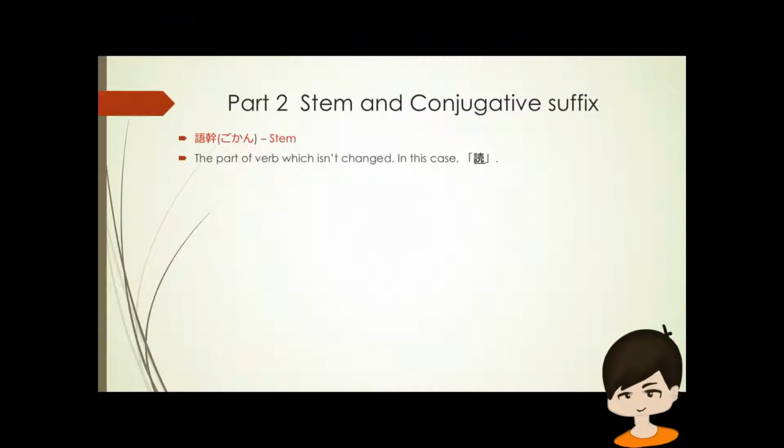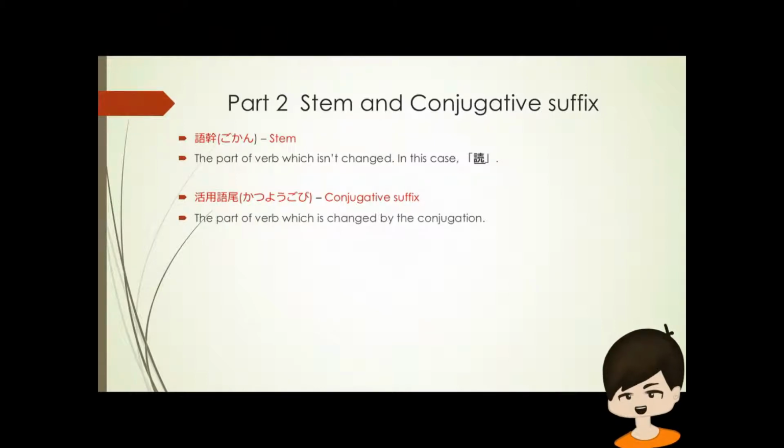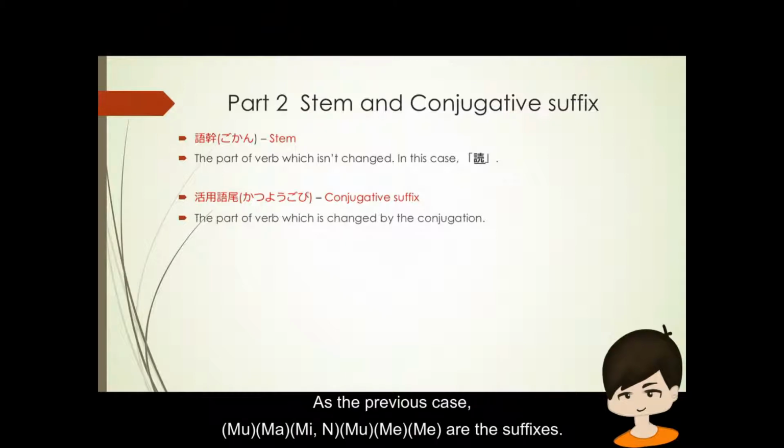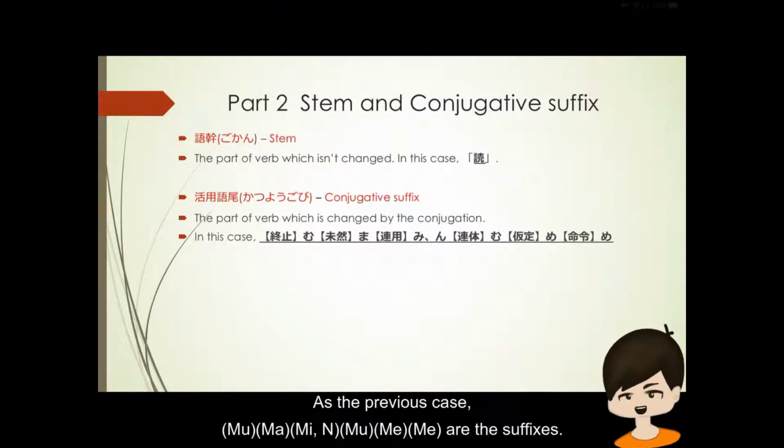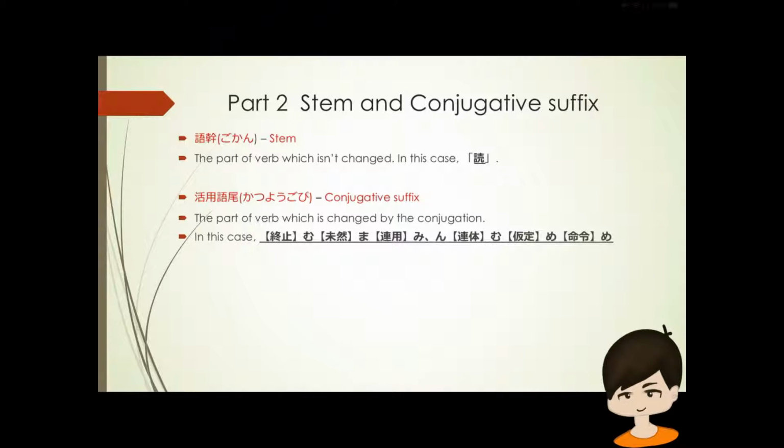And suffix in Japanese is katsuyo gobi. It is the part of a verb which is changed by the conjugation. As in the previous case, mu, ma, mi, n, me are suffixes. Can you understand what is stem and what is suffix?